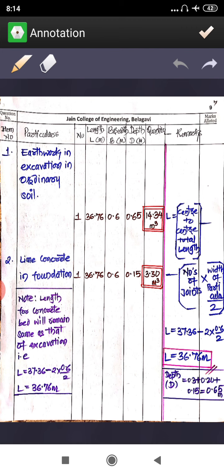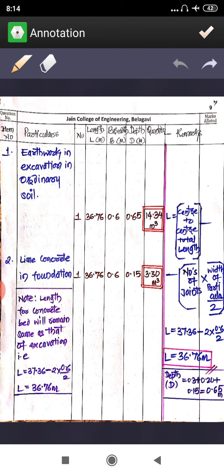So you'll be having 0.3, that is the 0.3 meter plinth which is going into the ground, plus 0.2, that is first footing depth, plus 0.15, that is the depth of foundation bed. So altogether you will be having 0.65.